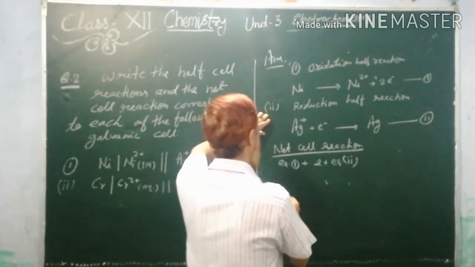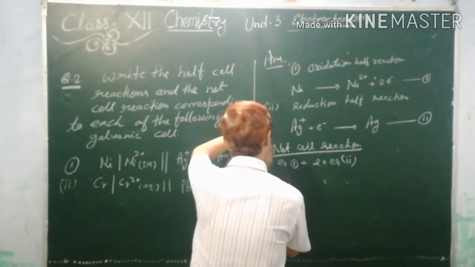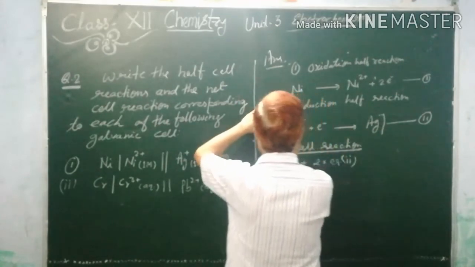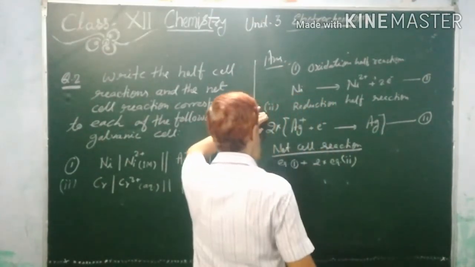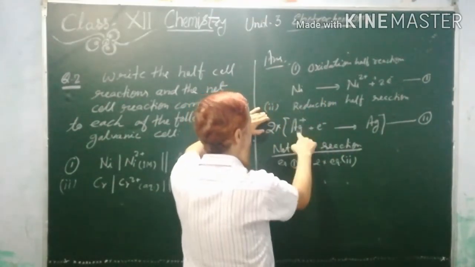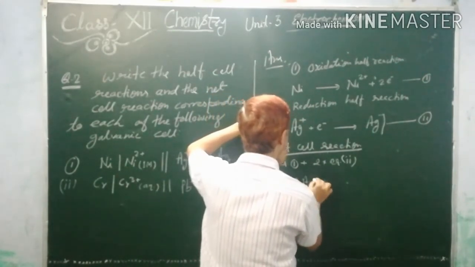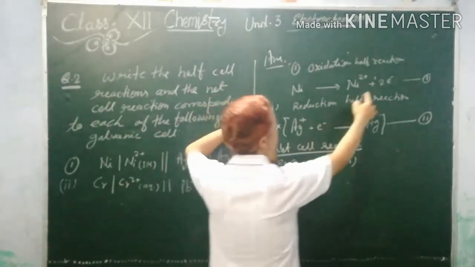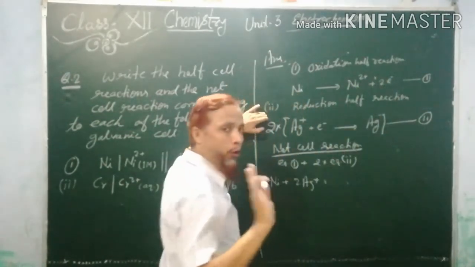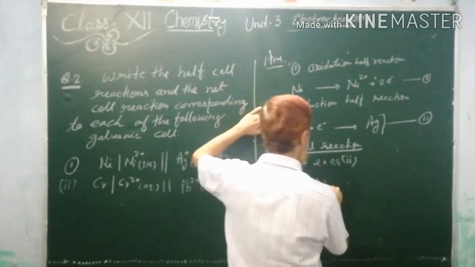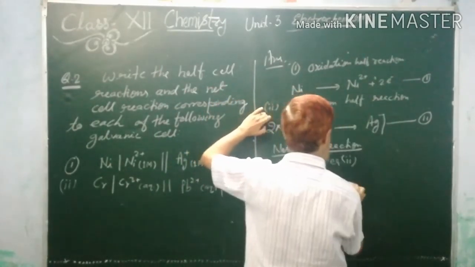Then write equation 1, nickel; and this second equation will be multiplied by 2. Then add: nickel on the left hand side, and here plus twice Ag plus. On this side there will be 2 electrons and on that side 2 electrons, so they will cancel out. No need to write electrons here. So Ni plus 2 Ag plus gives Ni2 plus.